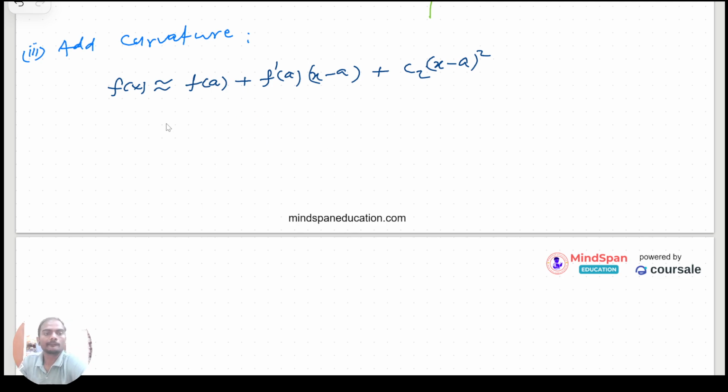Now, we know that if we do double derivative, we are supposed to get f''(a), which we already know.